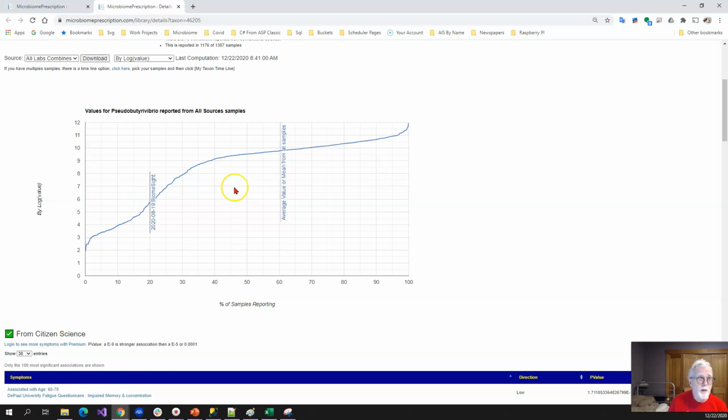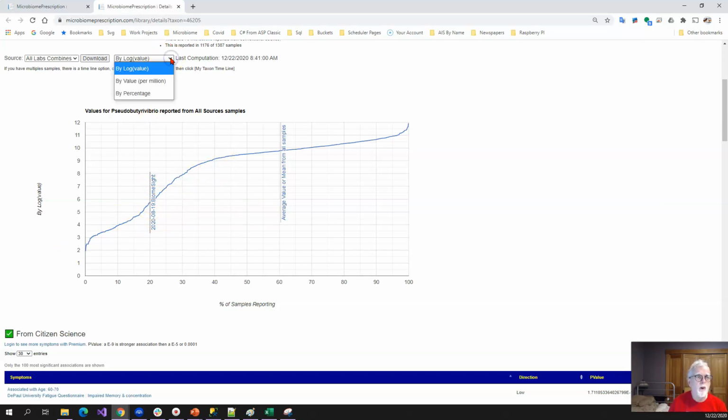In this case, 40% of people are outside of what appears to be a normal range. These people have a very sudden dramatic drop in the values, and here's this sample sitting down here. Although it's at the 20th percentile, it's on this ugly downslope.